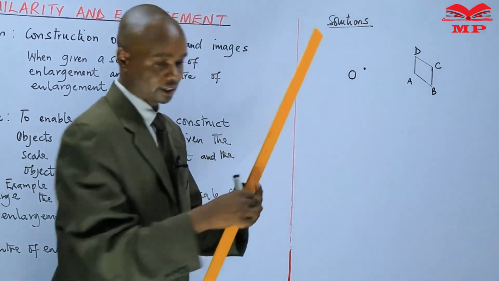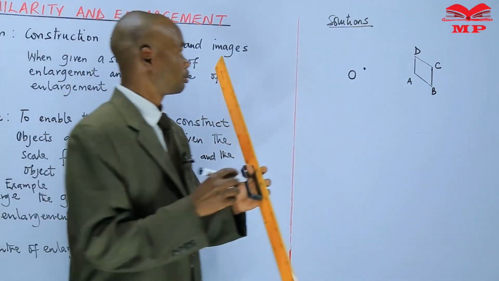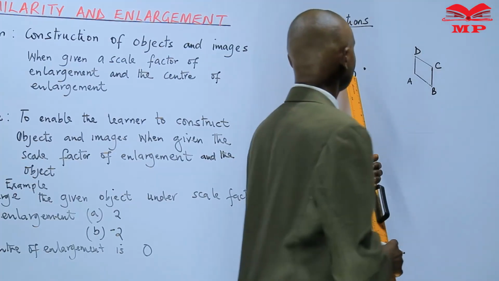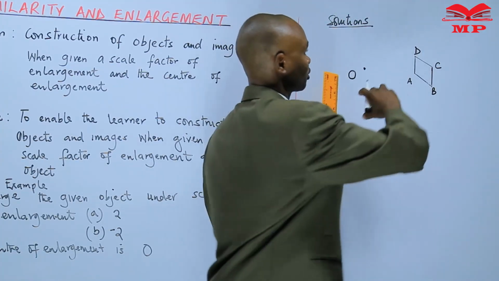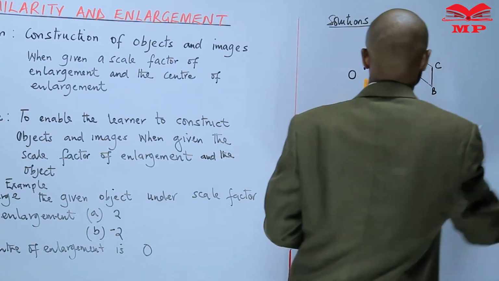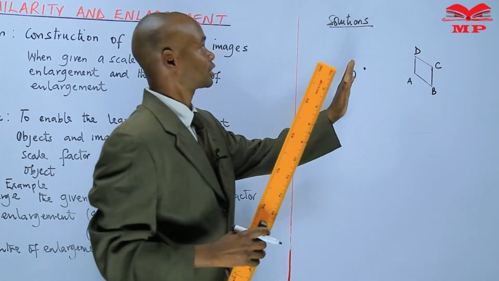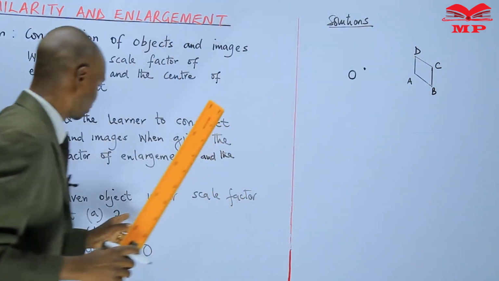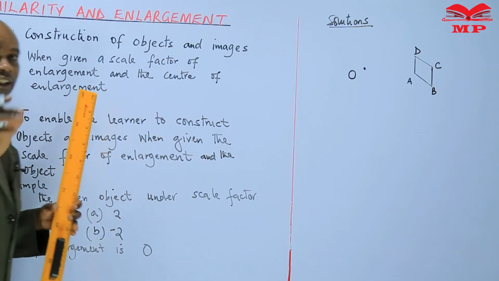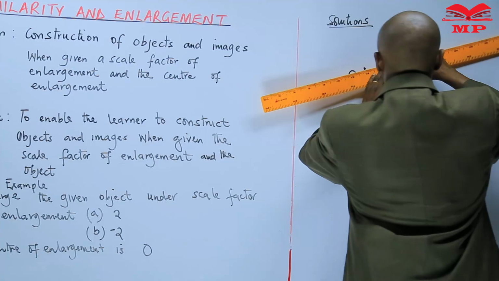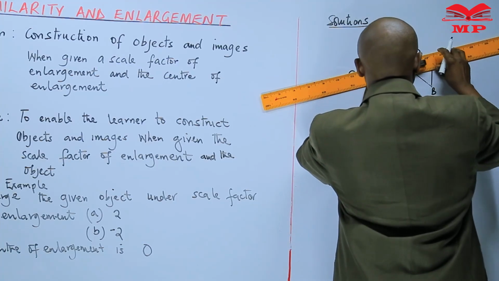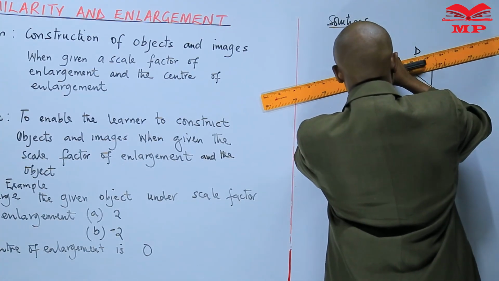You'll take your ruler, prolong a line from O to any of the vertices and prolong it to the right hand. We said in positive enlargement, when I see 2, that is a positive enlargement, learner. So I'll prolong lines passing through each of those vertices.